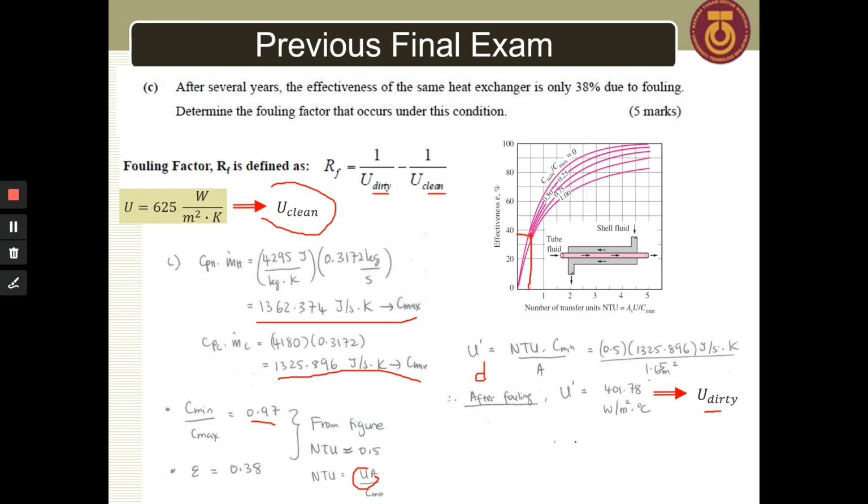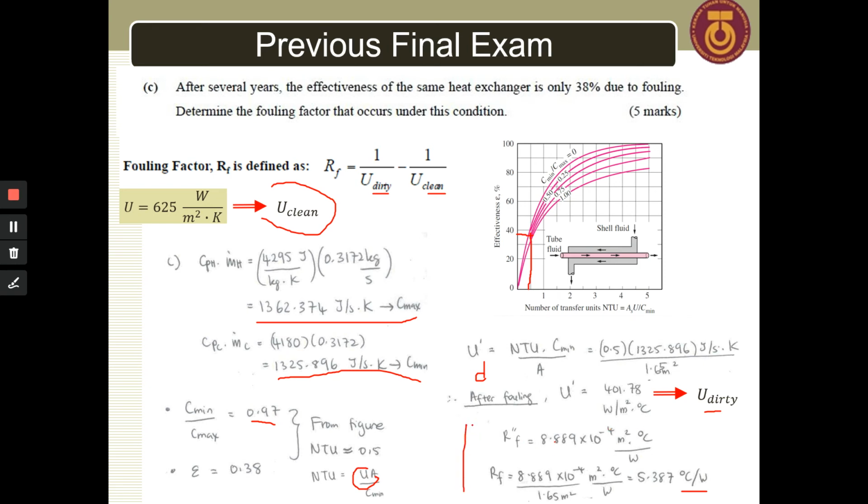Then you can calculate the fouling factor. If you just take this value, you will get the fouling factor in m squared units, because you just invert the unit of the overall coefficient. However, you can also divide this by the area, then you get the fouling factor in degrees Celsius per watt, which is about 8.9 times 10 to the power of minus 4 meter squared degrees Celsius per watt.